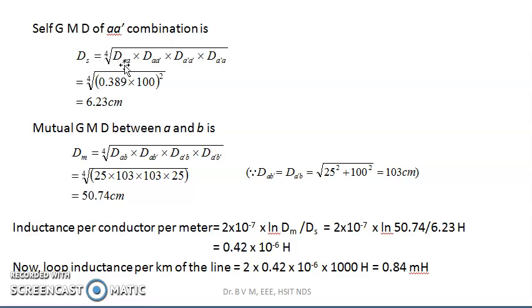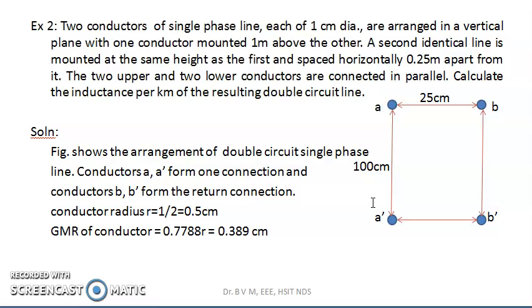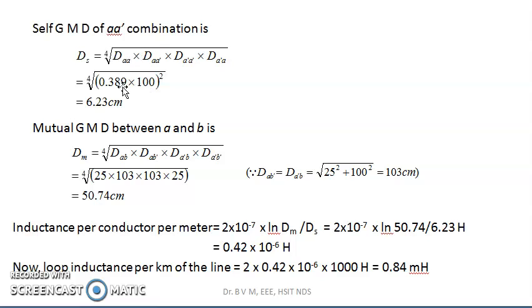Therefore, the fourth root of D of AA into D of AA dash into D of A dash A dash into D of A dash A. D of AA and D of A dash A dash are R dash, which we have already calculated, 0.389. And D of AA dash is 100 centimeter, which we have substituted here. So finally what we get is 6.23 centimeters. This is the self GMD, or again GMR.